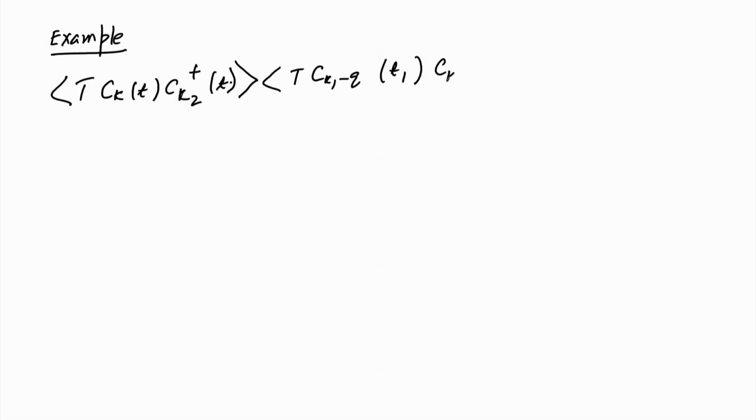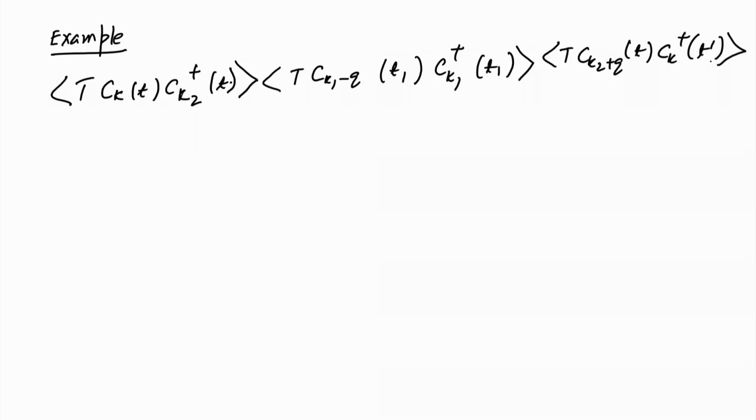So, an example is the time ordered C k t, this is the third term in the example that we have done, then C k 1 minus q t 1 and C k 1 dagger t 1 and C k 2 plus q t and C k dagger t prime.